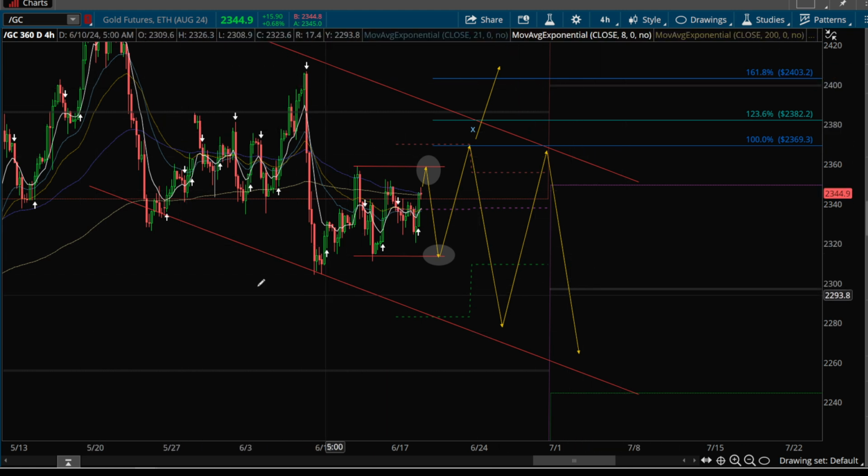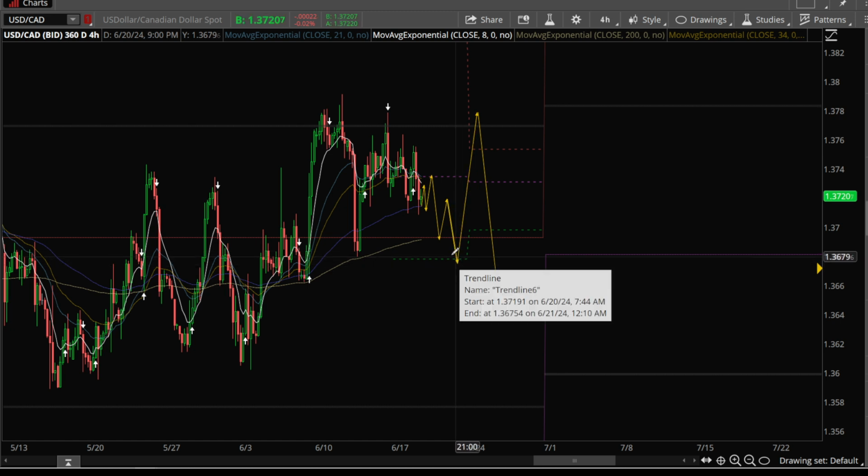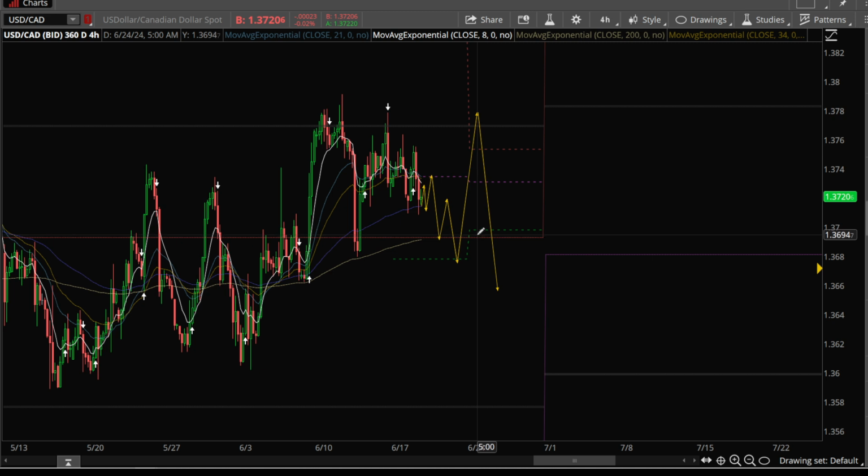But I do think you're just still in this channel right now, building out a larger WXY structure. CAD, right? CAD on the 4 hour chart. We're looking for this. I put the video out yesterday about dollar CAD lower time frame structures. So if this down here pivots your 1618 of this wave, right?